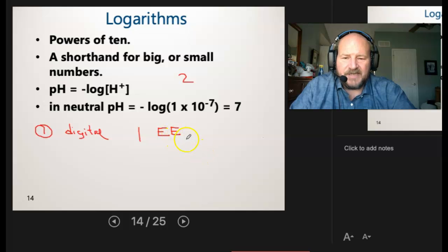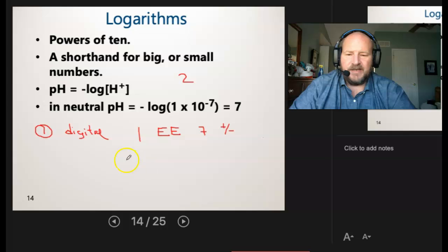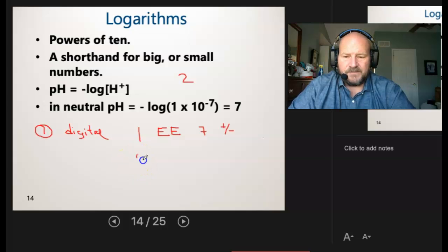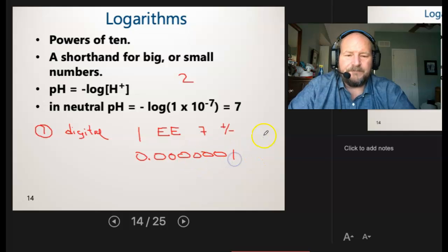Now again, that represented my times 10. Then I'm going to type in 7, and then I'm going to hit the plus minus key and make that a negative. Then I like to hit equals, and that's going to give us a value of 0.00000001.